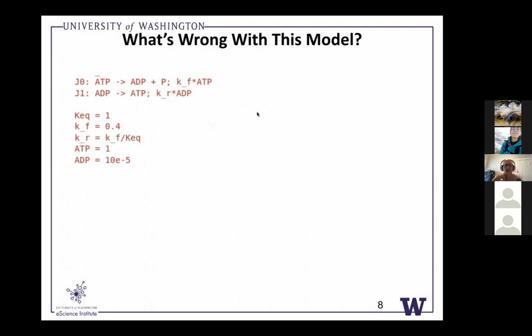Very simple: what we've got is a simple representation of ATP synthesis and hydrolysis. Now, what do you see? I'll tell you something's wrong with it. Anybody see what appears to be wrong with this model?